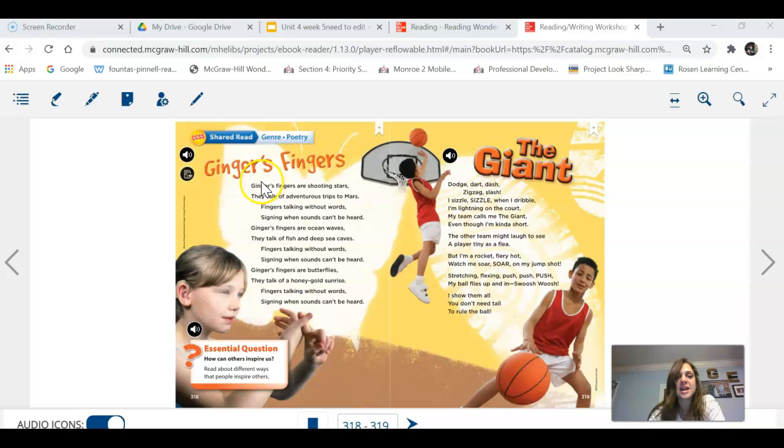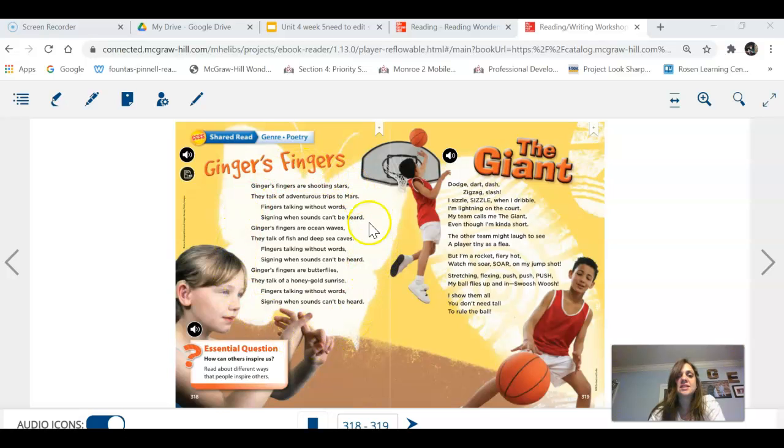Those 2 lines are grouped together because they're indented at the same spot. Fingers, signing, those are indented at the same spot. Also, every 2 lines rhyme. Stars, Mars, words heard, waves, caves. We have repetition, words heard, butterflies, sunrise.